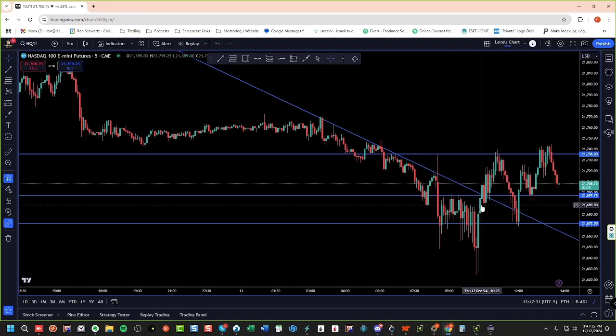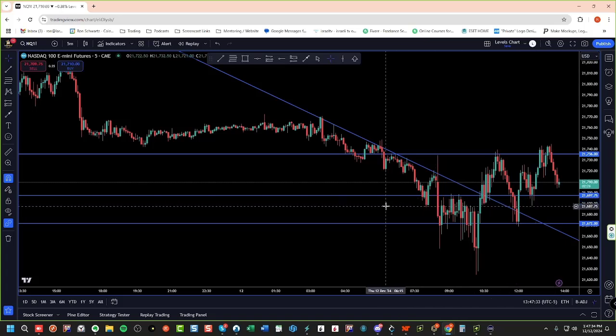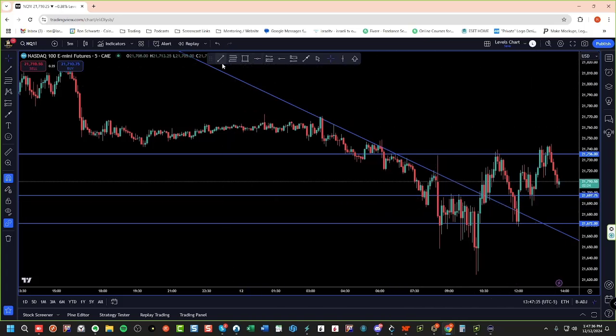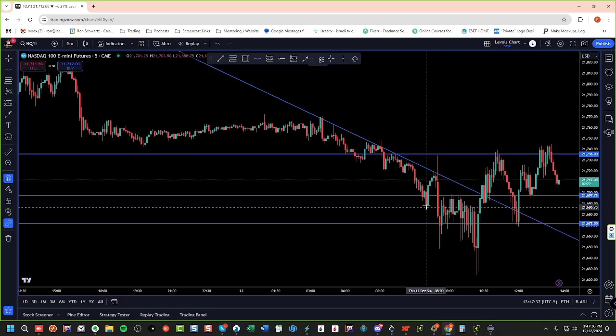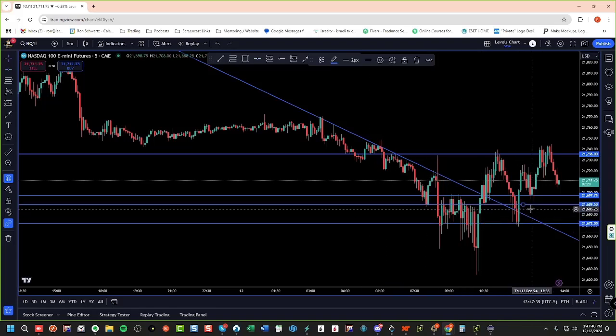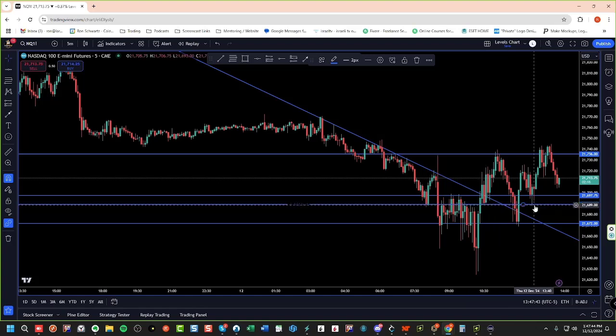They meet this area right here. So, could you technically draw one here? I don't see why not, right? You've got 1, 2, 3 touches. So could this be a level? Yeah, maybe. And then just see what price does around it.